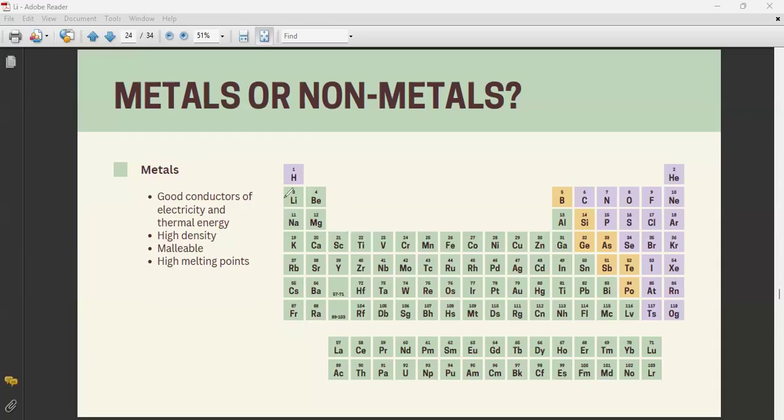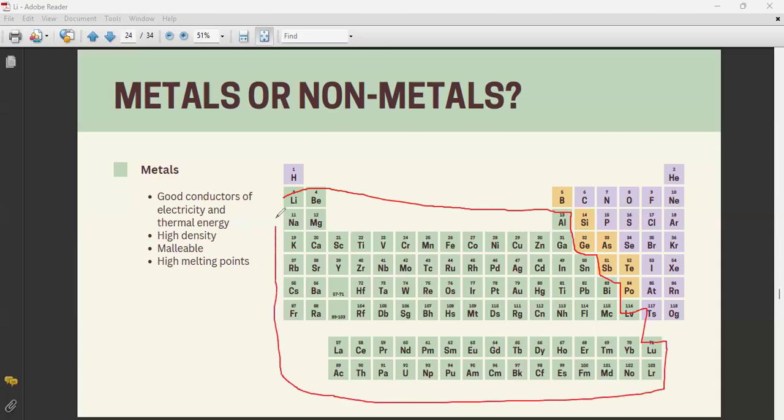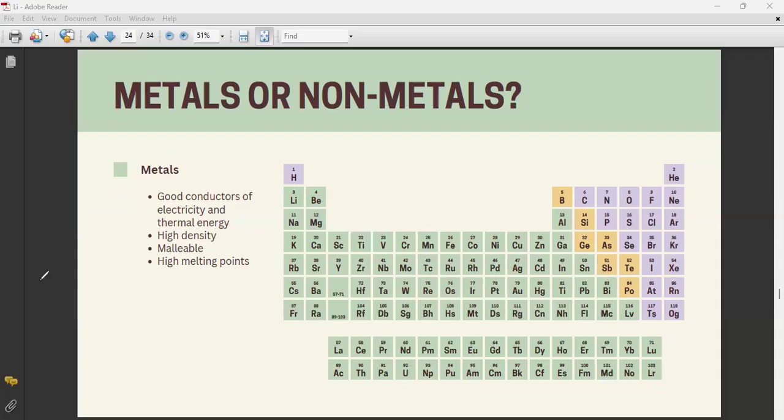All these green boxes which you see in my presentation are the metals in the modern periodic table. So this is how metals are placed.